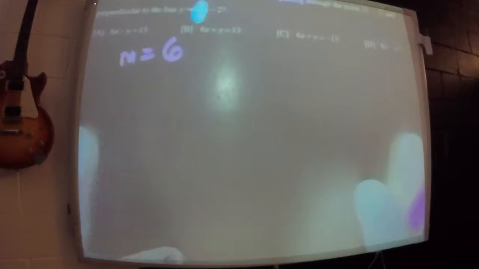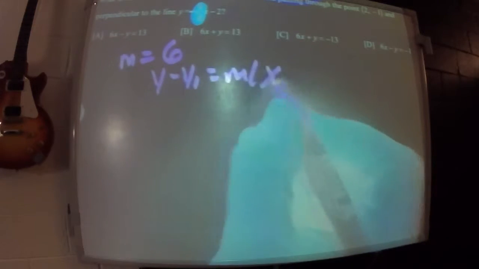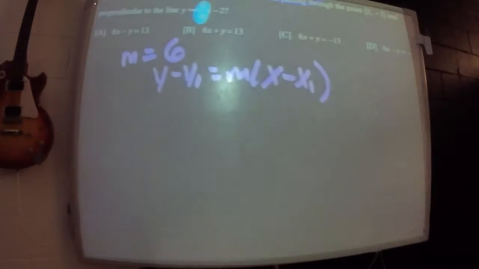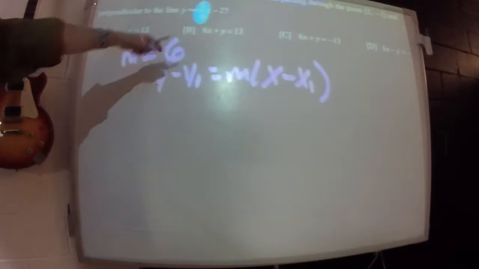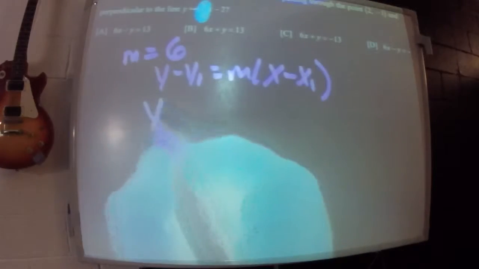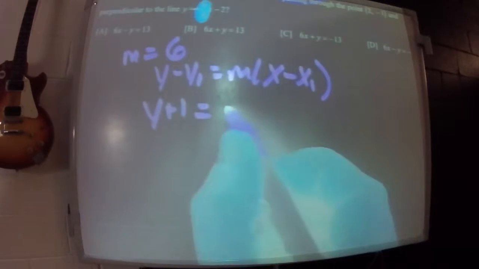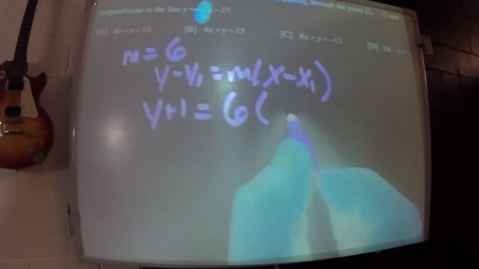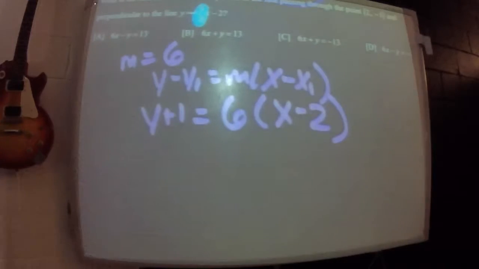And then do the whole y minus y1 equals m(x minus x1). My y minus y1 will be y plus 1. So y plus 1 equals, what's my slope? 6. And then my x minus x1 will be x minus 2.